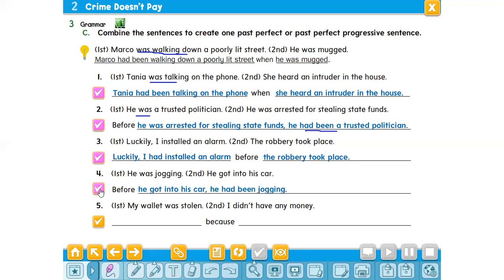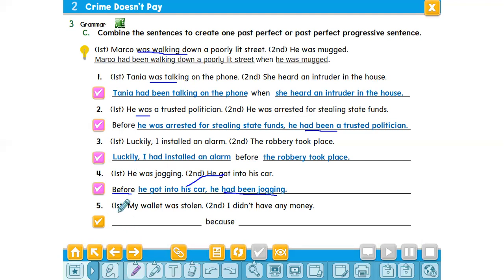Excellent. Before he got into his car, we start with the second action because of before, and then we use had been jogging, because the main verb here is past progressive.